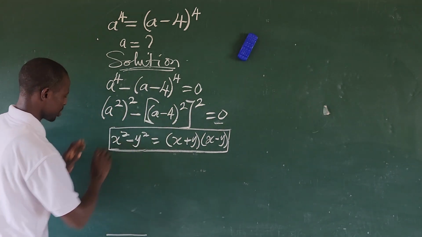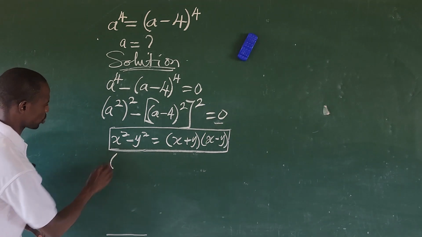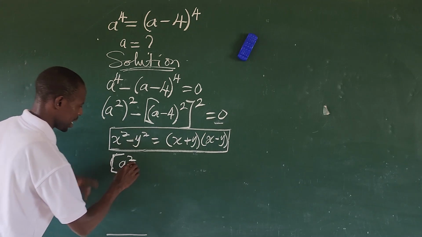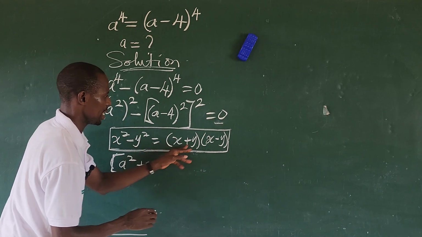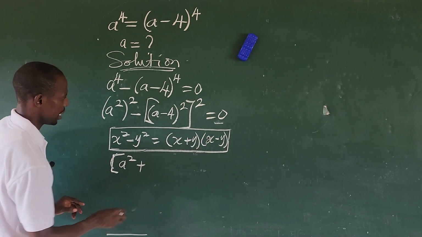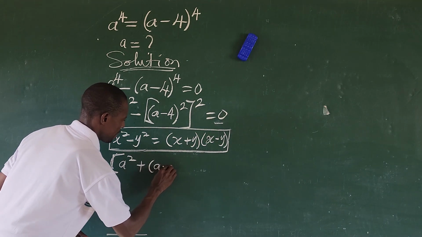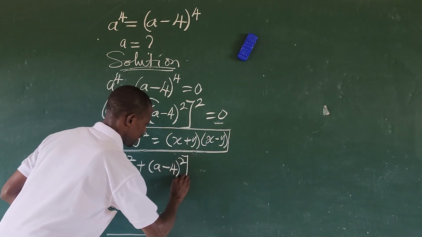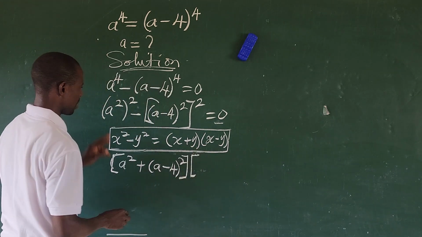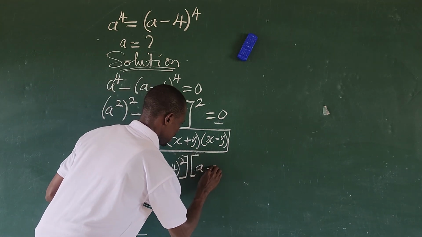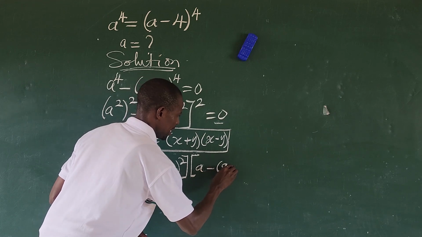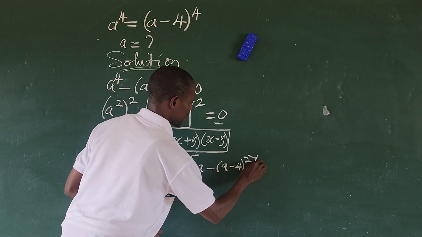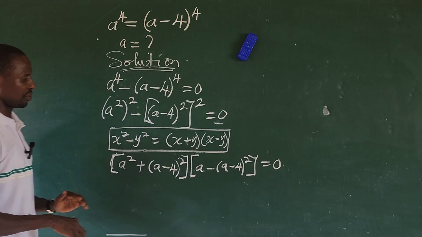The whole expression is going to give us a square bracket: a squared for this term, plus (a minus 4) squared, then close the square bracket, then open another square bracket: a squared minus (a minus 4) squared, everything equal to 0.